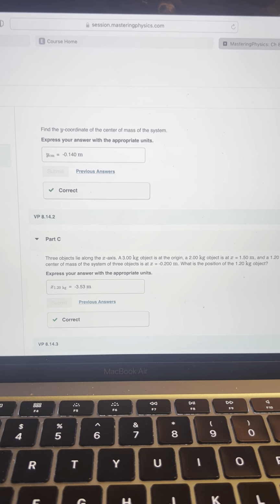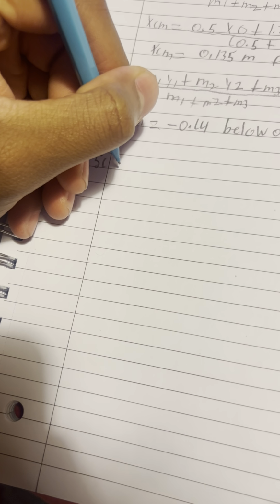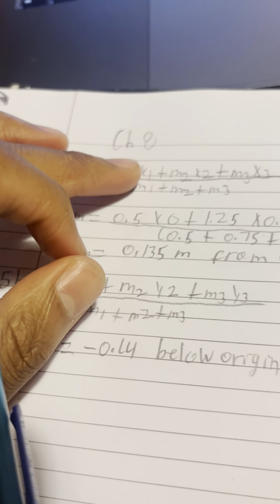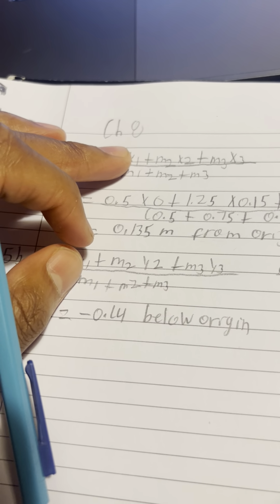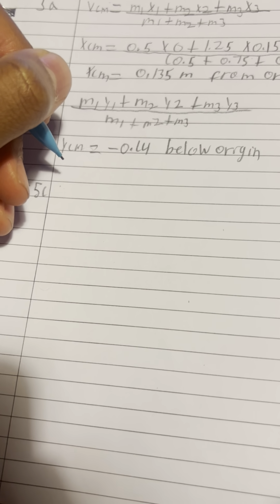So I'm going to position the 1.2 kilograms as x, and then I'm going to use this formula again and write it out again. So 1.2 is going to be the x.